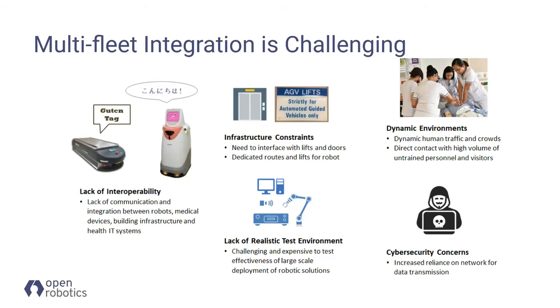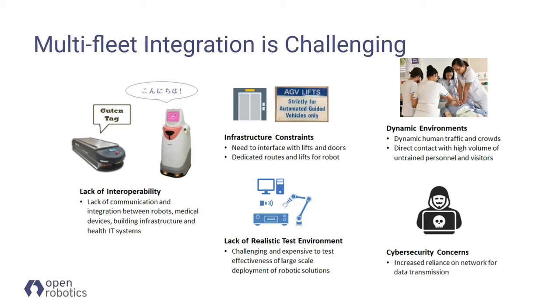However, there are a lot of challenges that come with this. The first challenge is the lack of interoperability. The main problem is that vendor A has a certain way of the robots talking to each other, and vendor B has a different way.